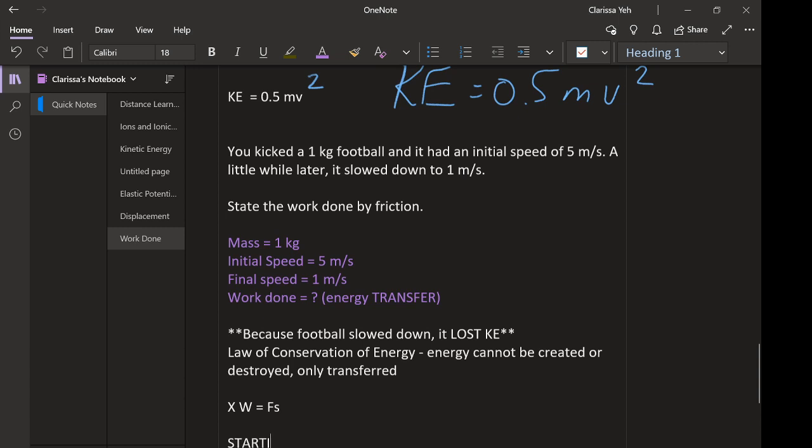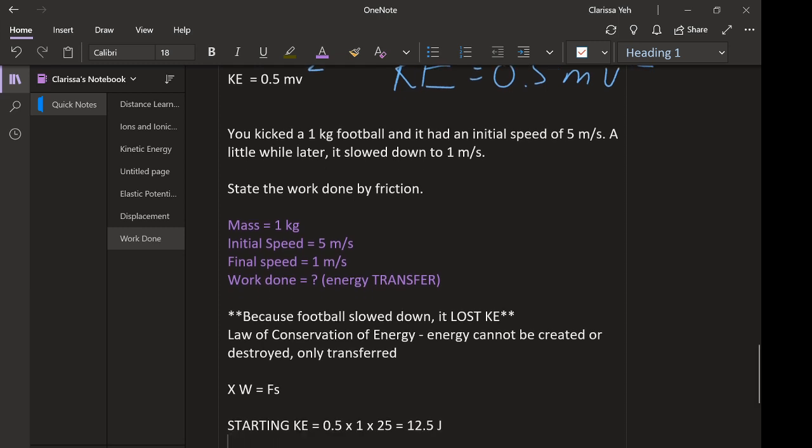So starting kinetic energy was 0.5 times 1 times 5 squared. Because I can't actually do my little squared symbol on here right now, I'm just going to do 5 squared is equal to 25. And that, oh, they calculated it for me straight away. That is 12.5, and that is in joules.